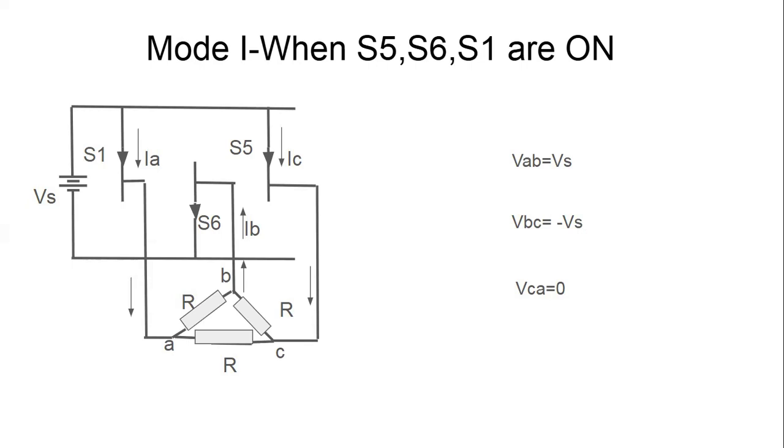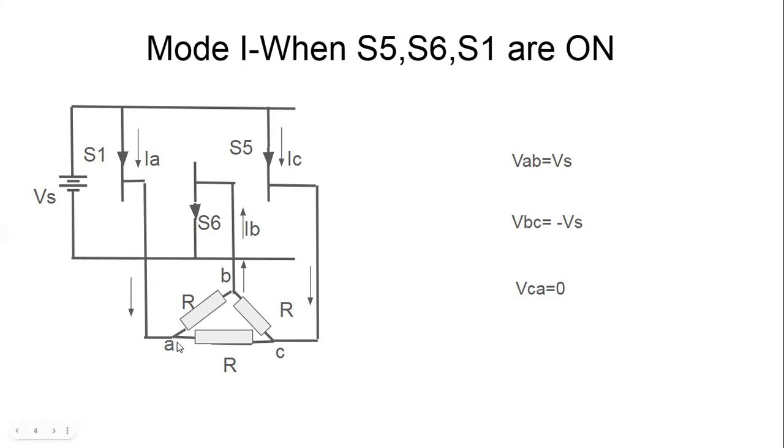So the circuit which is drawn here has S1 in the on condition from the first leg, S6 in the on condition from the second leg, and S5 in the on condition from the third leg. We have this delta connected load, a balanced load with R ohm per phase.